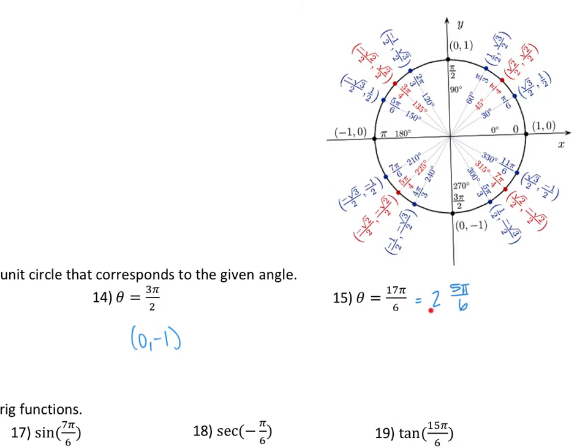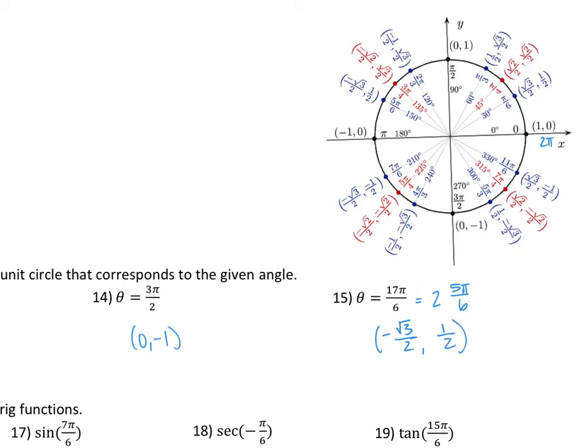So this has already gone around the unit circle one time, 0 to 2 pi. So it's gone all the way around, and then there's 5 pi over 6 left. So it lands back here at 5 pi over 6 with a coordinate of negative root 3 over 2 and 1/2.